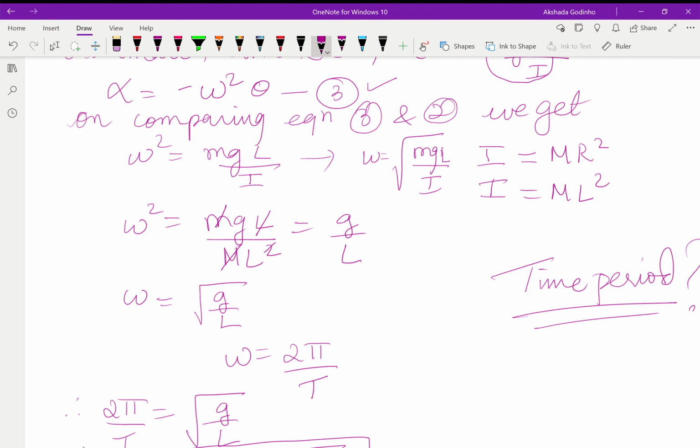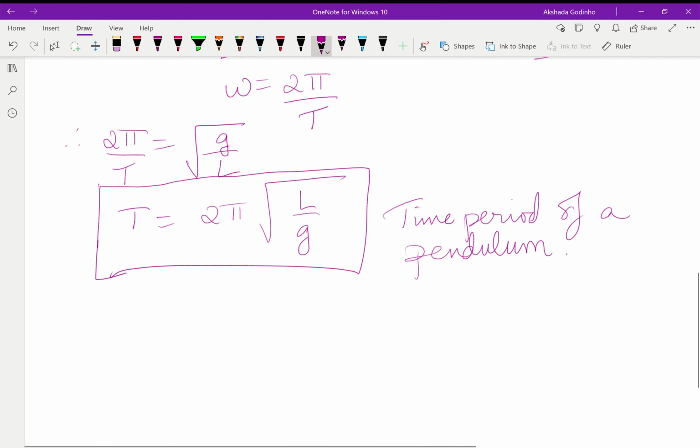Or I can directly substitute the value of I and first only cancel the components. Once you substitute the values, you substitute what is omega, which is 2 pi by T. You have arrived at your equation, the time period of a pendulum.